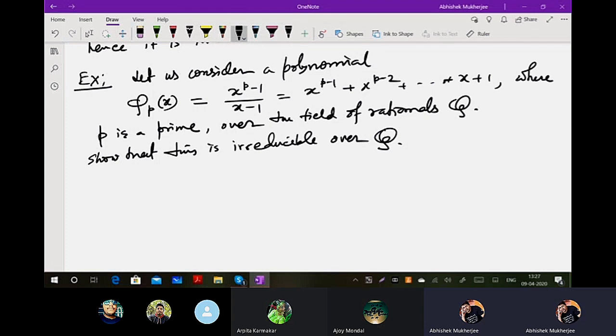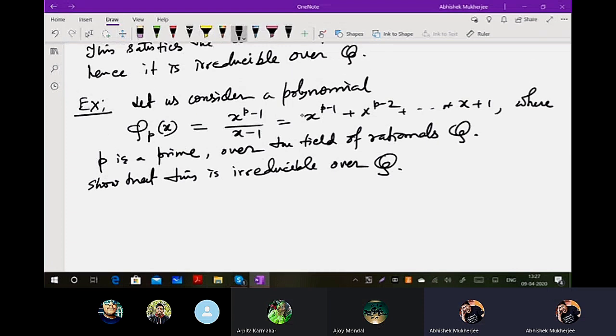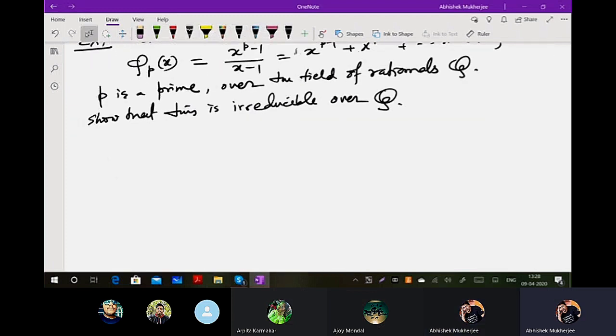But how can it be shown? Because here the coefficients are all 1. This is 1, this is 1, this is 1. So each coefficient is 1. So what is your prime? Yes.